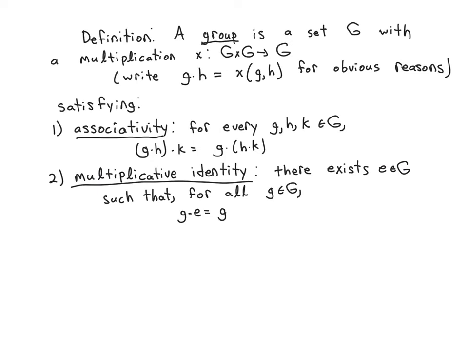The next property we require is that there's a multiplicative identity. In other words, there exists some element in your set. For historical reasons, this element is always denoted e. And it has the property that for every other element g, when you multiply by e, you get the element back. So e plays the same role for this group G that 1 plays for the integers with respect to multiplication, or 0 plays for the integers with respect to addition, or the identity matrix plays for matrices with respect to multiplication.